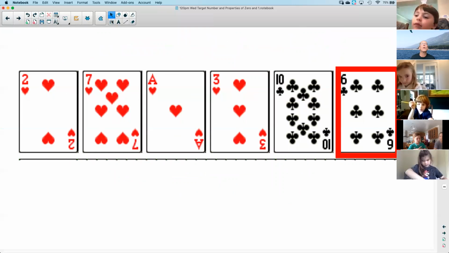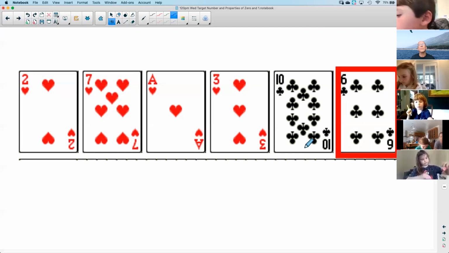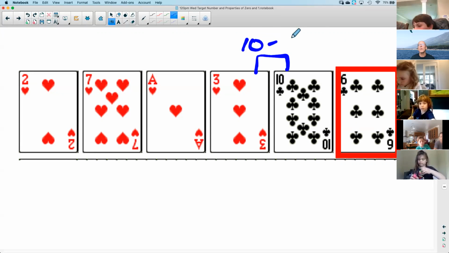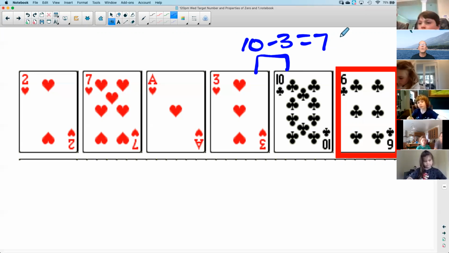I think 10 minus 3 equals 7. Oh no, it doesn't equal, it equals 3 like the last one.